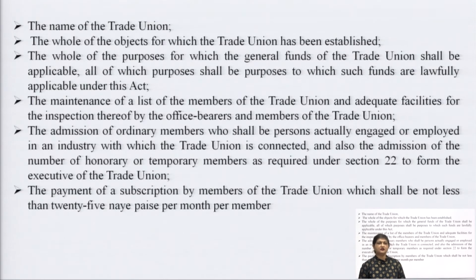Then the maintenance of a list of the members of the trade union and adequate facilities for the inspection thereof by the office bearers and members of the trade union.